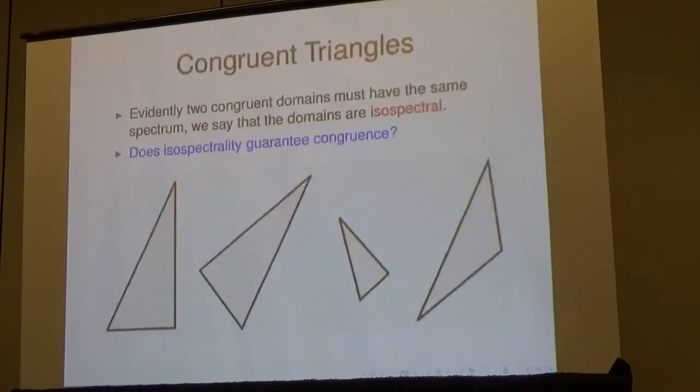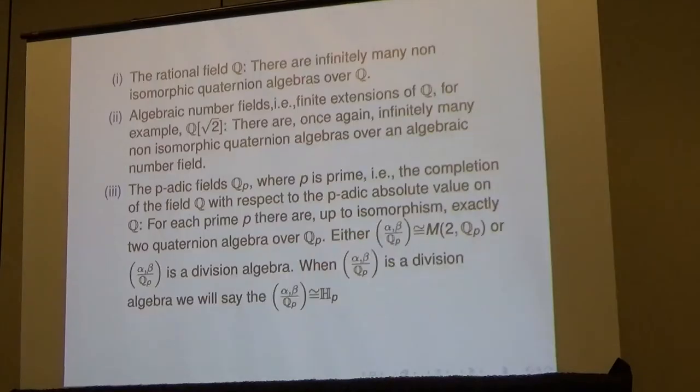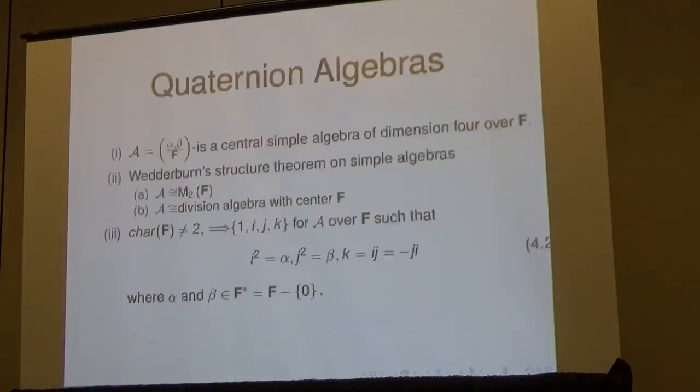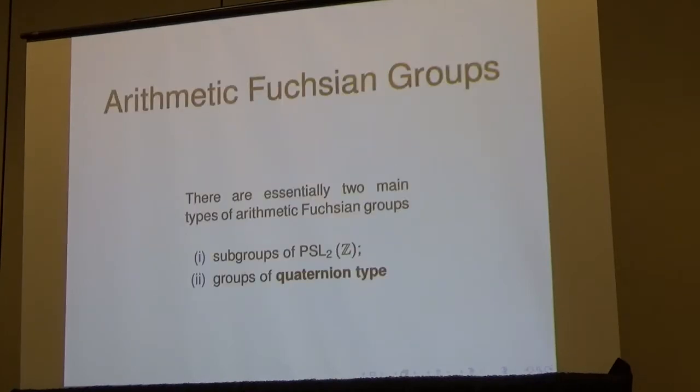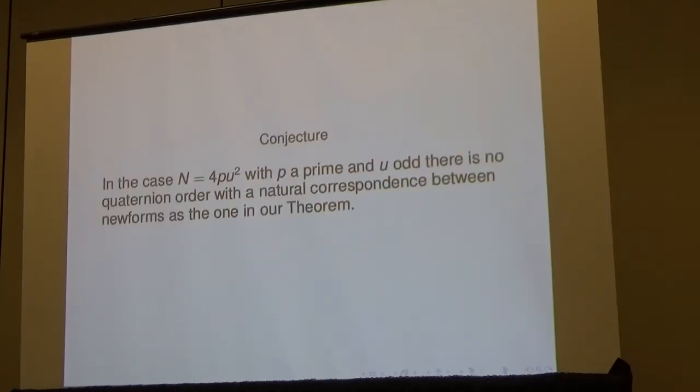Yes, I do have it for other cases, but for this particular case, where I have 4 times a prime and a square, I'm claiming that there is no quaternion order with a natural correspondence between the newforms as in the theorem that we prove.